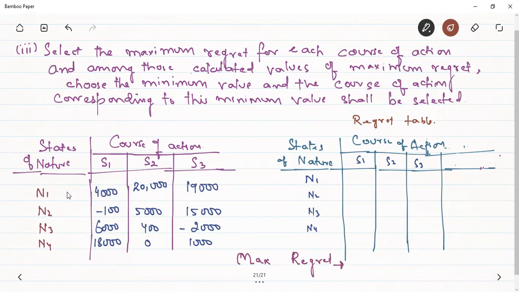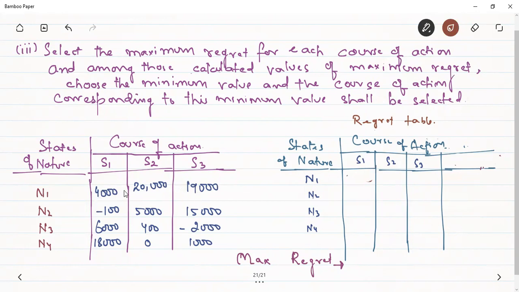We will subtract each element from that highest value. That means if in the first state of nature payoff row, 19,000 is the highest, then we would do 19,000 minus 4,000, which is 15,000. Okay, in fact, 20,000 is the highest payoff in the first state of nature row.